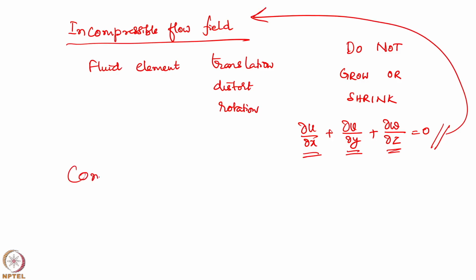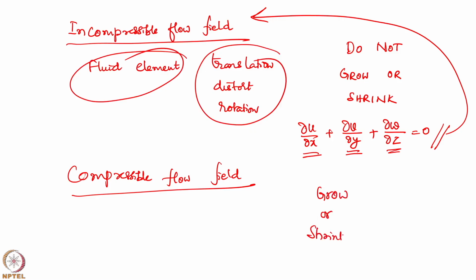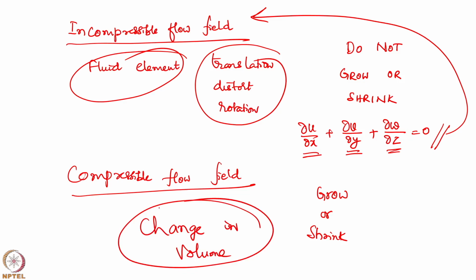But in the case of a compressible flow field, my fluid element can, in addition to undergoing translation, distortion and rotation, also grow or shrink. That means there is a possibility for change in volume in the case of compressible fluids.